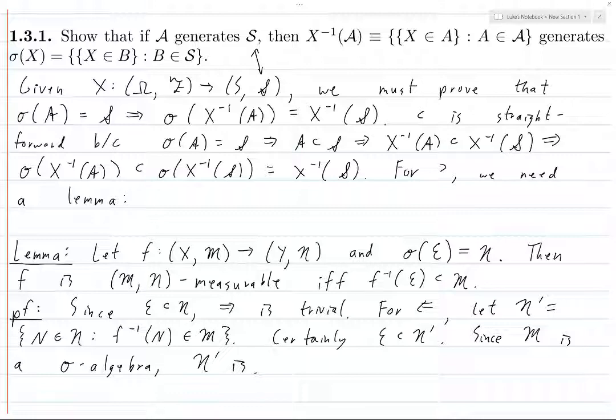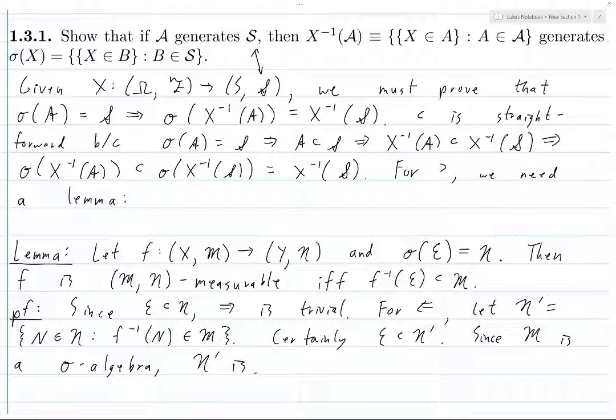Okay, so basically the reason that this is going to hold is that N prime is going to be closed under all of the requirements for a sigma algebra, because all the requirements for a sigma algebra work really nicely with inverse images.